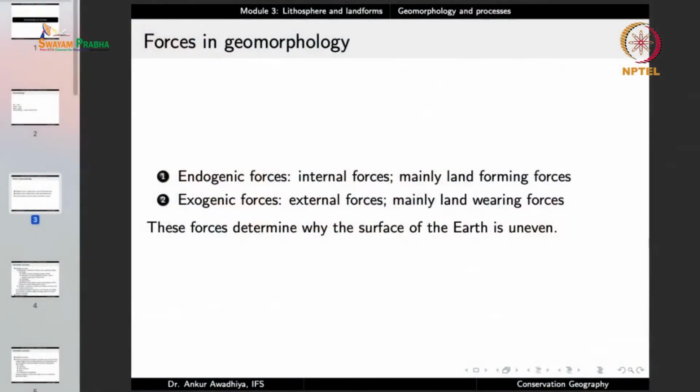Now when we say inside and outside, of what? So this is inside and outside of the earth. So endogenic forces originate inside the earth, whereas exogenic forces originate outside the earth. Now typically the endogenic forces are land forming forces and the exogenic forces are land wearing forces.